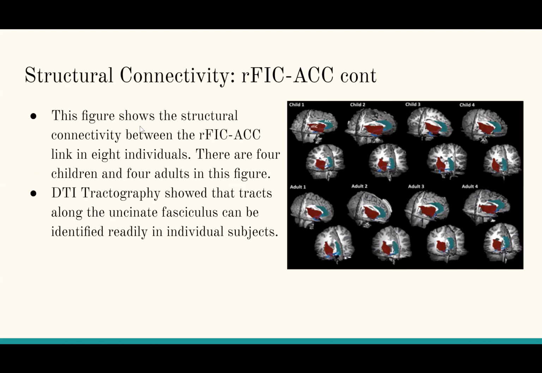This figure is similar to the first one, measuring the link between these two nodes. It shows the structural connectivity of the RFIC-ACC link in 8 individuals, 4 children and 4 adults. DTI tractography showed that the tracks along the uncinate fasciculus can be identified readily in individual subjects.